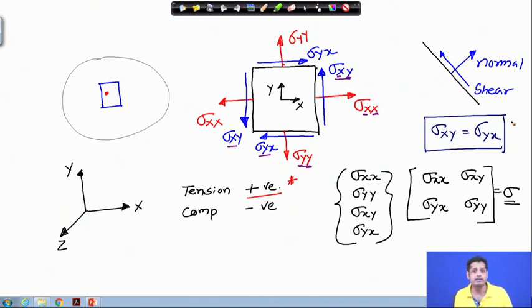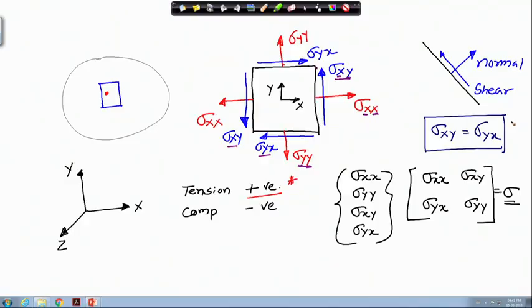Every point in the body is in equilibrium means static equilibrium, means that the summation of forces in all directions should be equal to 0, and the summation of moments about any point should be equal to 0. Now, this body has to be in equilibrium, and this point also has to be in equilibrium, and these are the stresses at this point.